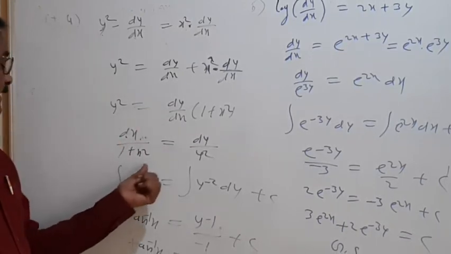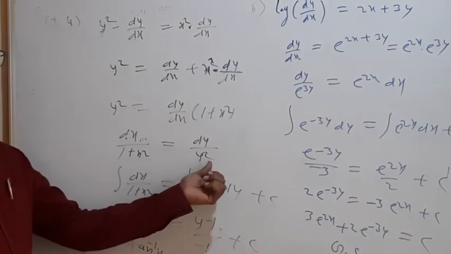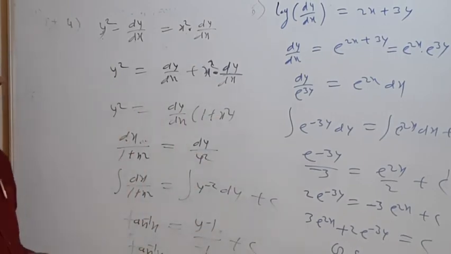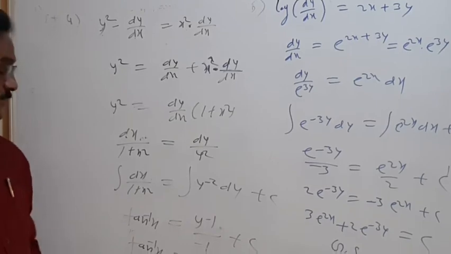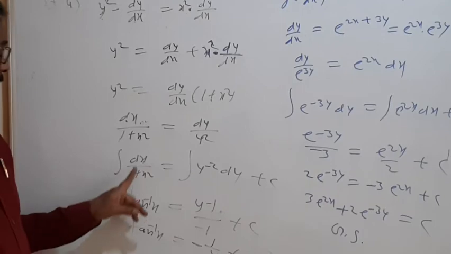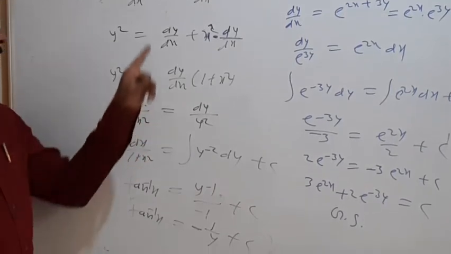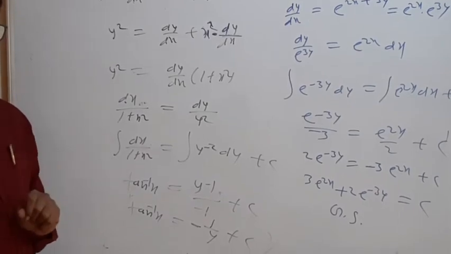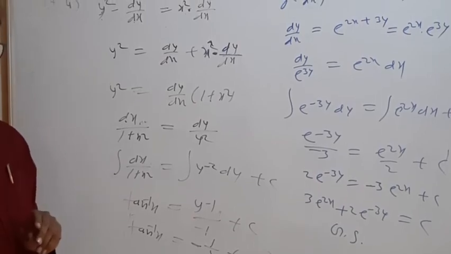Integrating, the integration of dx upon 1 plus x square, and the integration of 1 upon y square can be done as y to the power minus 2 dy plus constant c. In integration, we know the formula: the integration of 1 by 1 plus x square is tan inverse x. The formula is important here. For solving the differential equation, integration is important. For formulation of the differential equation, derivative is important.